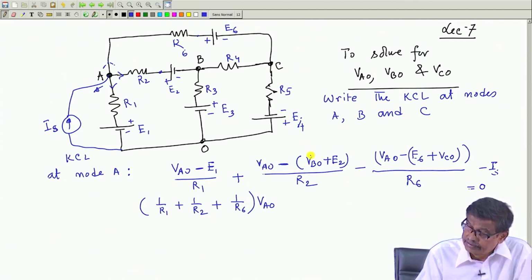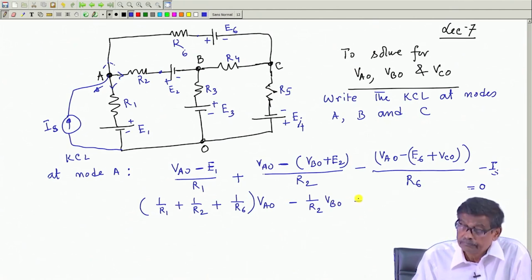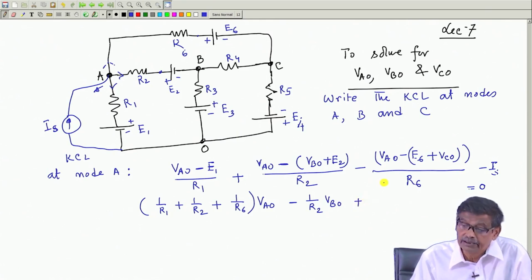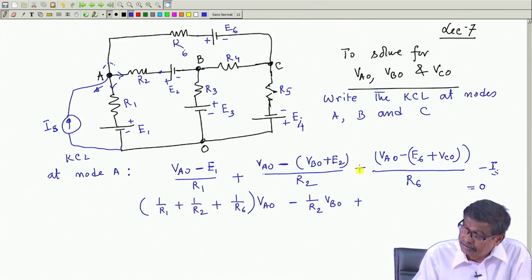It is minus 1/R2 into VBO. Then the coefficient of VCO: it is VAO minus VCO plus E6, so this I wrote wrongly.